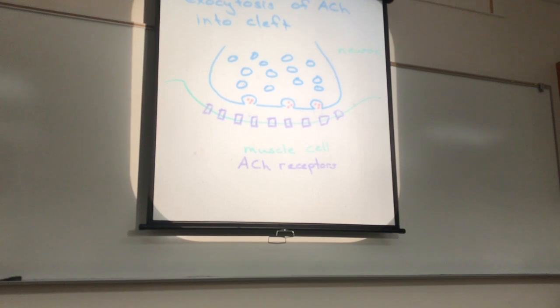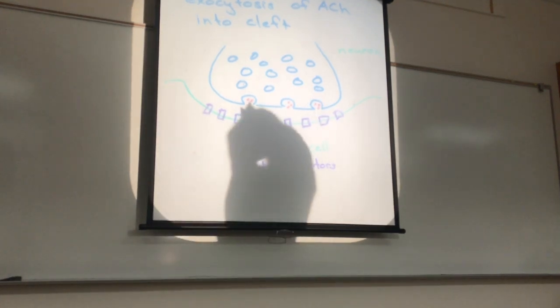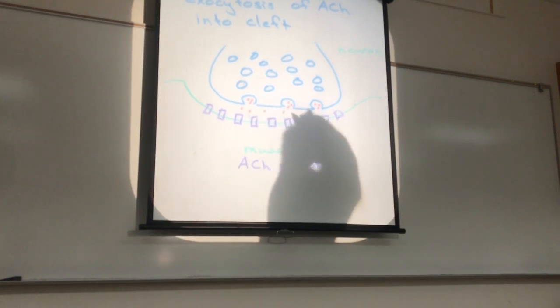Now, I told you guys that when an action potential gets to the end of a cell, it's going to just get to the end and stop, right? So you got to keep in mind that the action potential that's in the neuron has gotten this far and it can't go any further, it's done. But as it has come through, it has triggered the release of some of these acetylcholine molecules into the synaptic cleft.